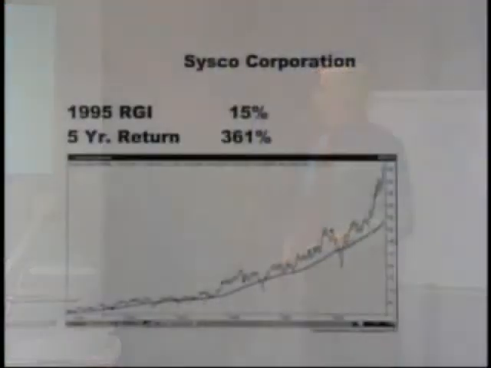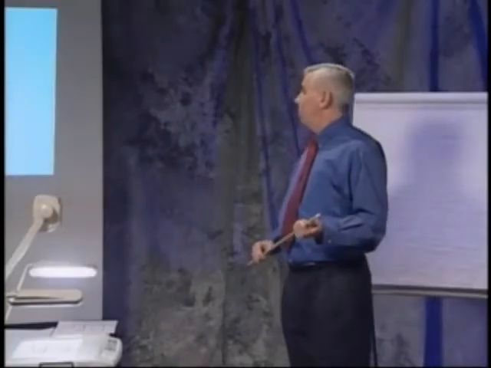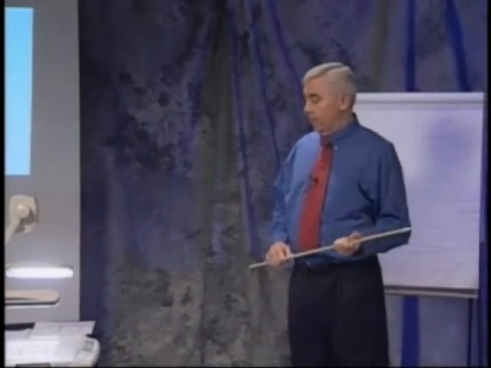And in 1995, they had a real growth rate in their book value of 15%. And then their 5-year return was 361%. So that's an example of a company with good book value growth and a good return over the last 5 years.